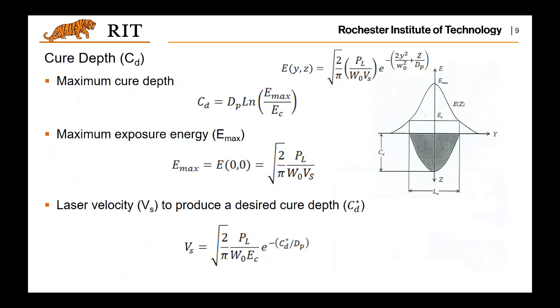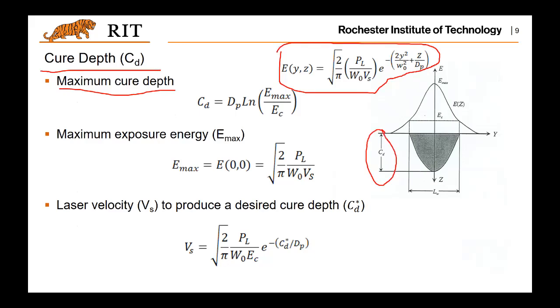Also, there could be some variations in the calculation when you have this laser exposure equation in the resins. First of all, how do you compute the maximum cure depth? Basically it is this CD, right?